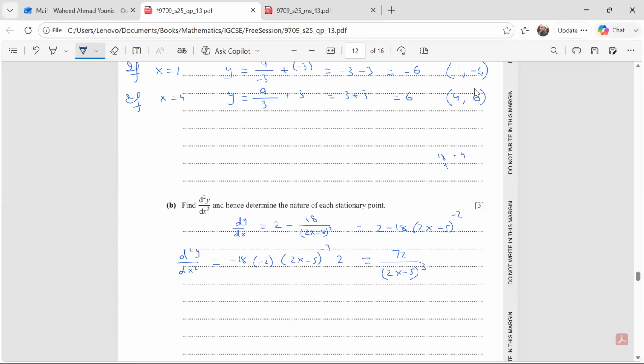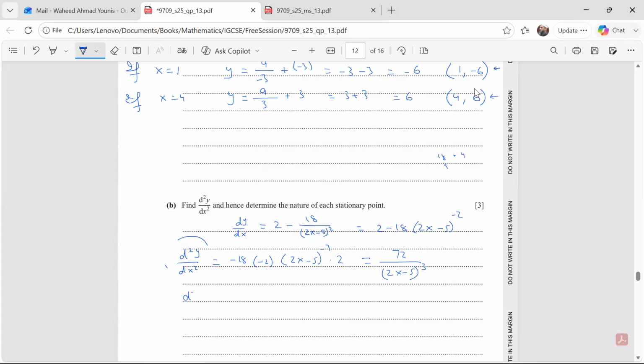Now, we determine the nature of the stationary points. We found these two stationary points. Being stationary means that either it is a maximum or a minimum, but now we have to find out which, right? So I will try to know the sign of this second derivative.